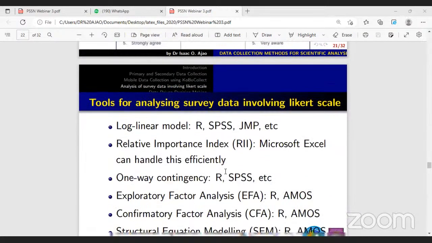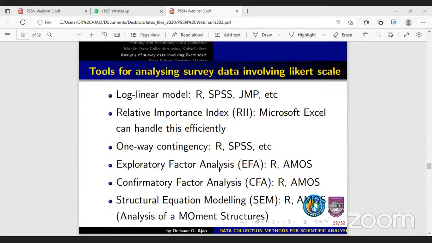So then, tools for analyzing survey data involving Likert scale. We have the log linear model, and you can use R, you can use SPSS, you can use JMP. We have relative importance index; that is, ordinary Microsoft Excel can handle that. I'm going to show us this. One-way contingency. The one that is very common that we normally do is 2-way, where you have the column and the row.